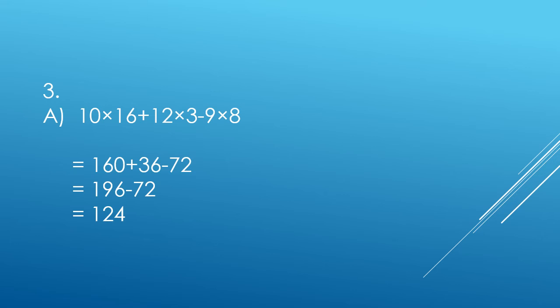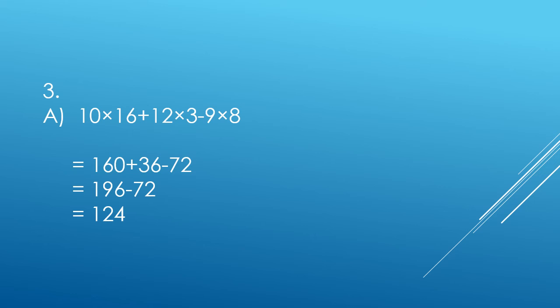So according to BODMAS, we have to do the addition first and then we do the subtraction. So now you have to add 160 and 36. So after adding 160 and 36, we get 196.